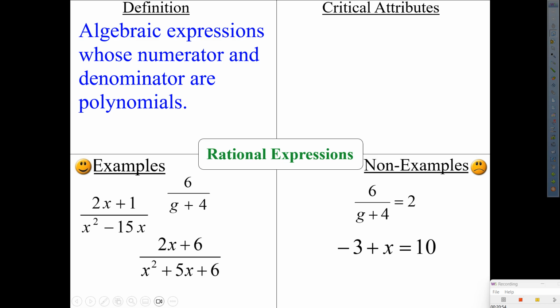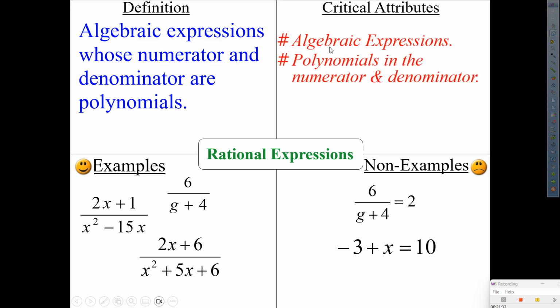Ezra's got it. Isaac, why are those not rational expressions? Equal sign. They're equations. That is correct. Right now, we're just going to focus on expressions only. So over here, algebraic expressions, polynomials in the numerator and denominator.